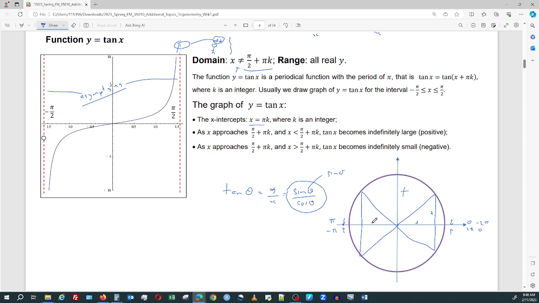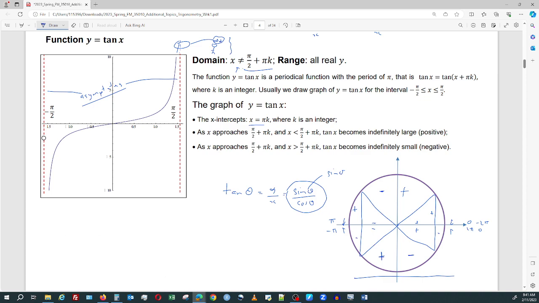Here we've got a negative x but a positive y, so that means we're going to have a negative tan. Down here we've got two negatives, a negative y and a negative x, so that means tan is positive. And then down here we've got a positive x and a negative y, so we end up with negative. So it's just important to notice that, please, because that will come up. Okay?